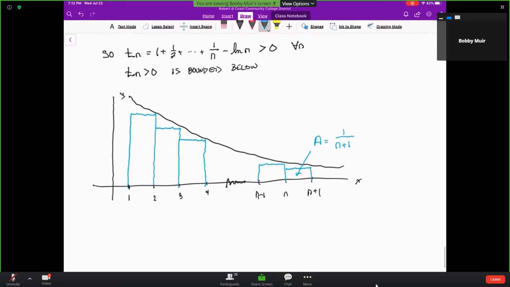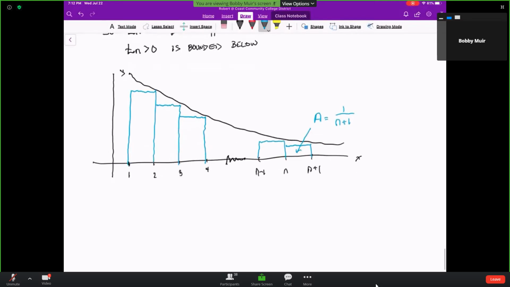That area, 1 over n plus 1, is less than the integral from n to n plus 1 of 1 over x dx, which is the natural log of n plus 1 minus the natural log of n.